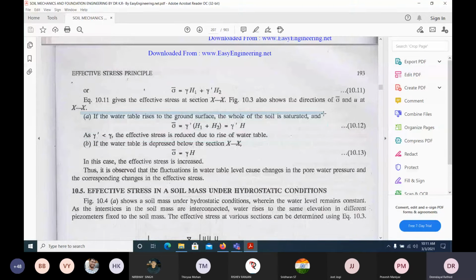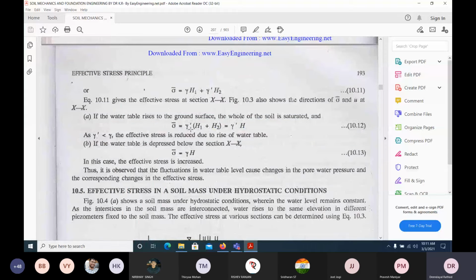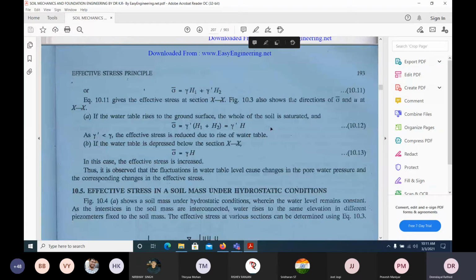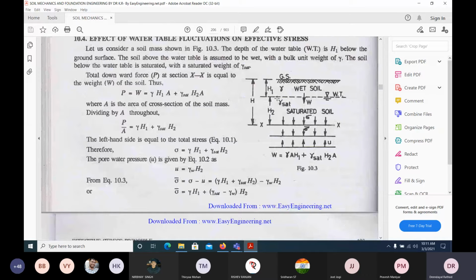Then how can we find out the effective stress? Gamma dash multiplied by H, which is equal to H1 plus H2. If the water table rises to the ground level, once you know this H multiplied with gamma submerged, and gamma submerged is gamma sat minus gamma W, that's what we are doing here.